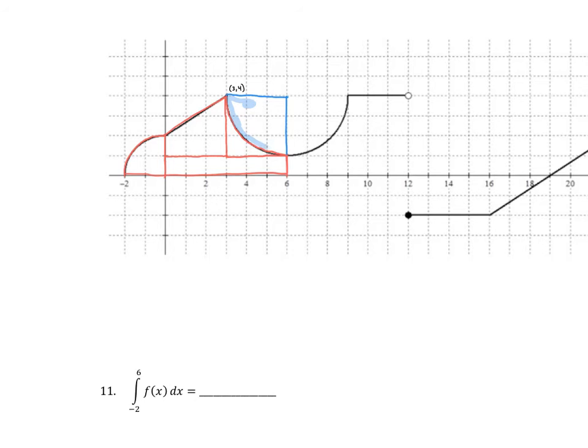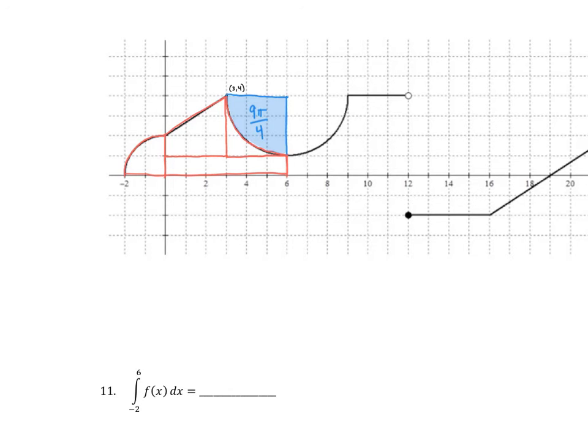We don't want this area, but we'll find this area and use it to subtract. That's a circle with a radius of 3. So if it was a full circle, the area would be 9 pi. But since it's a quarter circle, this area is 9 pi over 4.